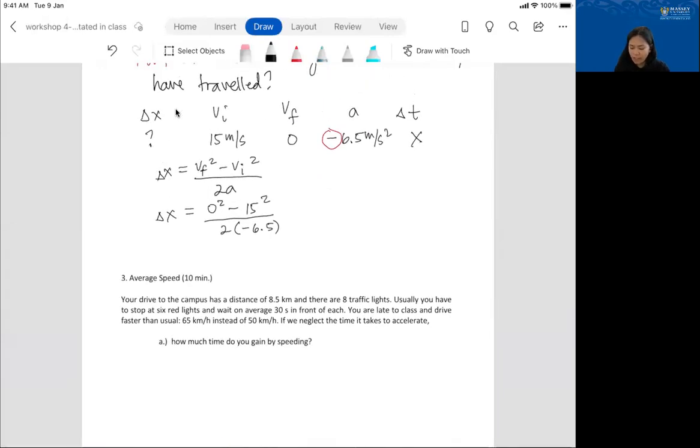Plugging everything into the calculator, again you might need to put a bracket in the denominator: 15 squared divided by the whole bracket 2 times negative 6.5. You should get a delta x of about 17.3 meters, rounded to two significant figures, 17 meters.